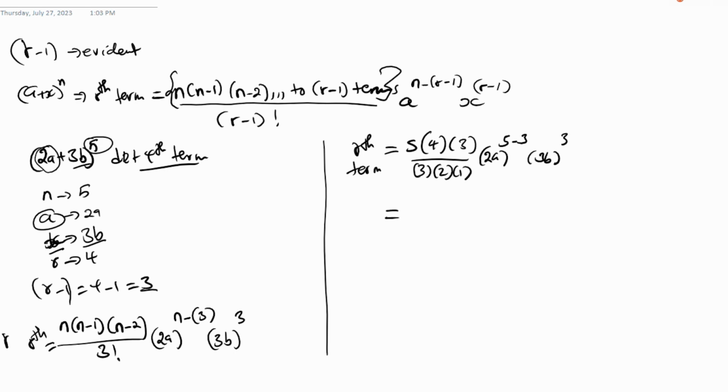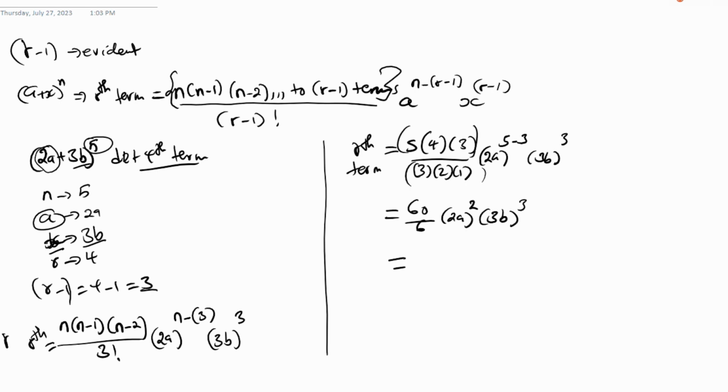The whole of this becomes 60 divided by 6, multiplied by 2a raised to 2, because 5 minus 3 is 2, and then multiplied by 3b raised to 3.